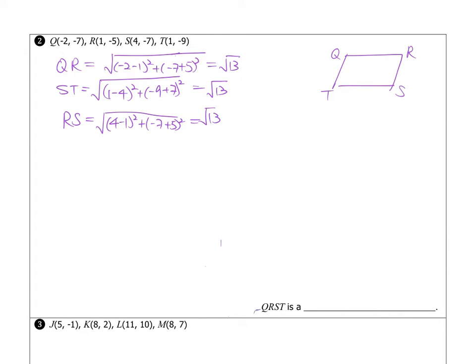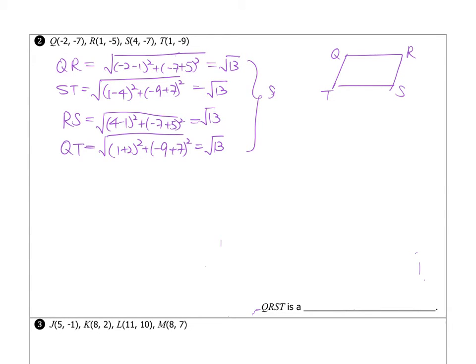So RS is root 13, and QT is 1 minus -2, which is positive, plus -9 minus -7, which is plus 7 squared. And that's also 13. So I know now all 4 sides are congruent.